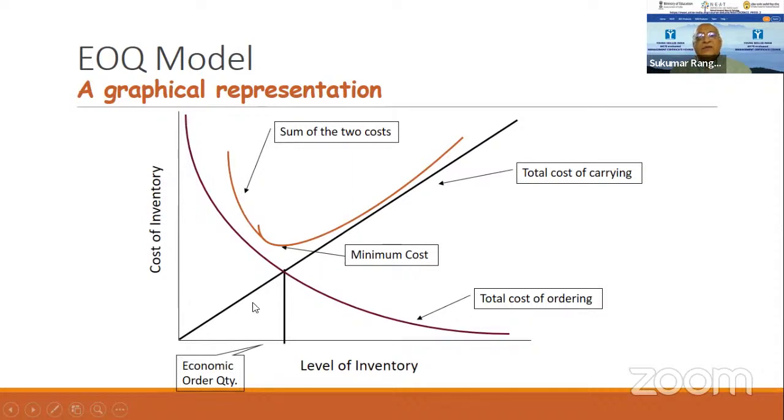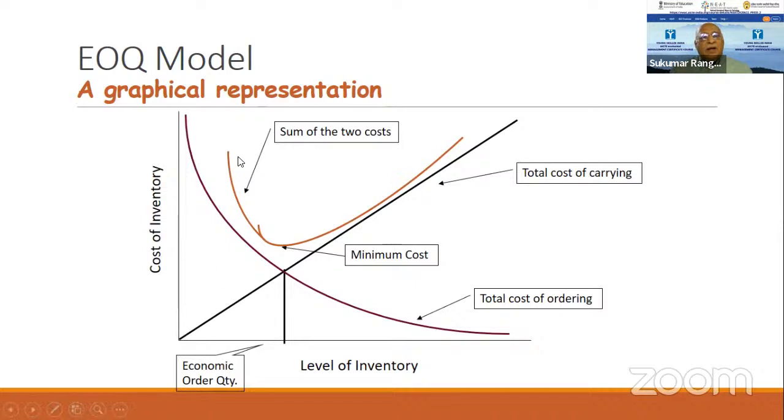It follows this curve, and the cost of carrying inventory is more or less linear, because suppose you carry the whole year's inventory, it will be somewhere here. And if you carry, let us say, a week-to-week order, it will be somewhere here. So it's a linear equation, again assuming that your production or operations is linear.